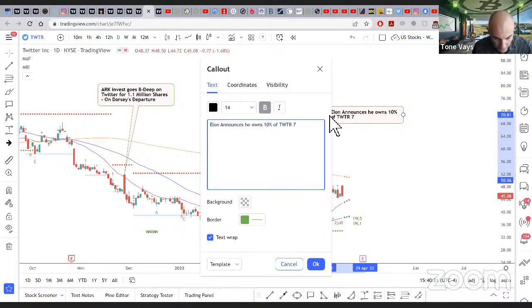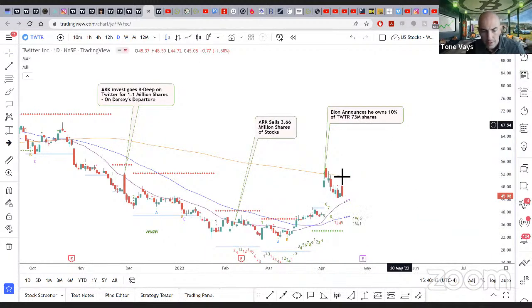Way more than Cathie Wood had. 71 million, jeez. Representing 9.1%. 73 million. Let me not short Elon Musk here. Okay, but that's when the announcement became public.